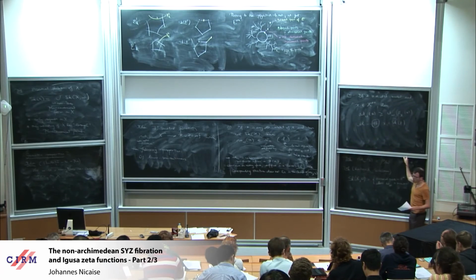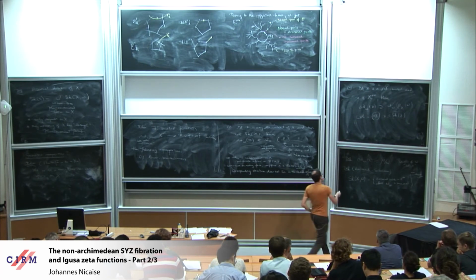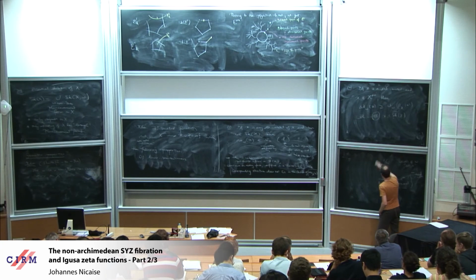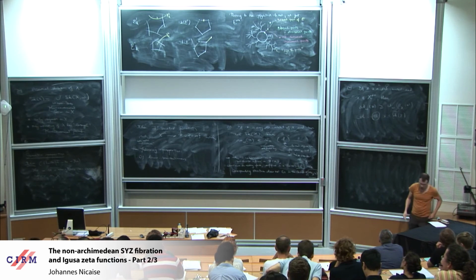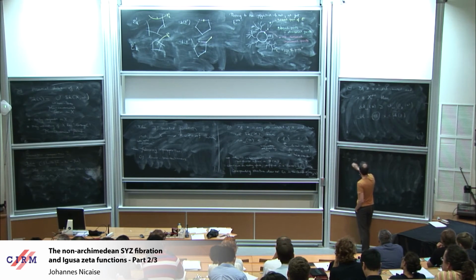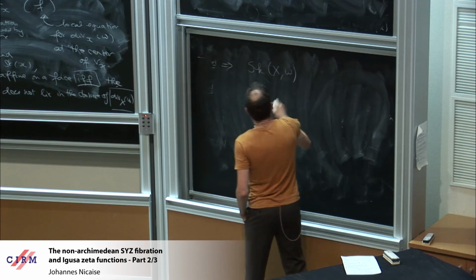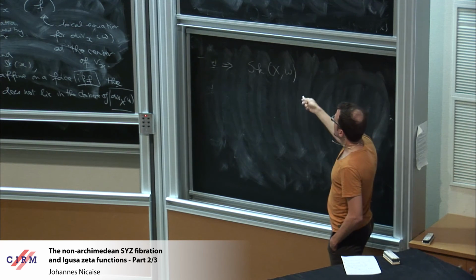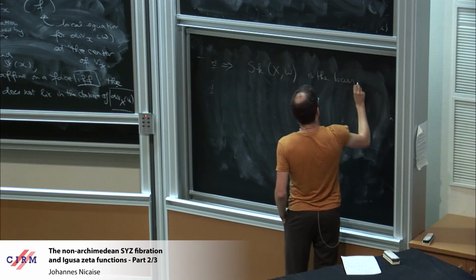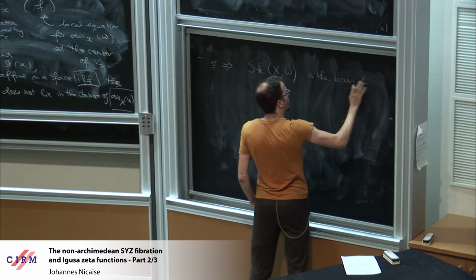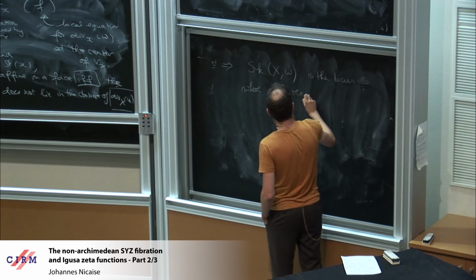And so how does this help us to understand the geometry of the essential skeleton? It tells us that, well, just by this continuity property on skeleta, we know that the Kontsevich and Soibelman skeleton is the locus where the weight function reaches its minimal value.